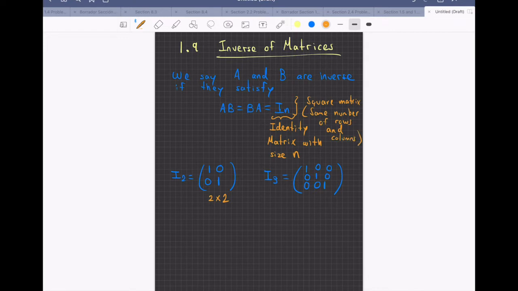So we say that A and B are inverse if they satisfy A times B is equal to B times A equal to the identity. By the way, A and B, of course, must be square and of the same size.